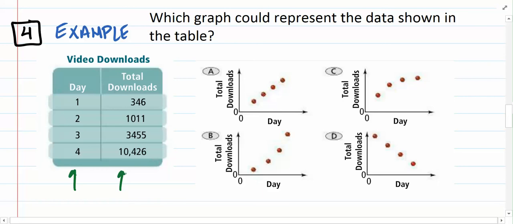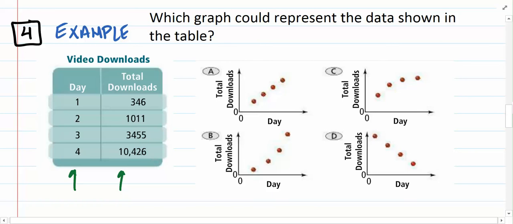Notice that each graph has days on the x-axis and total downloads on the y-axis. So what do we notice here, right? At day 1 I have 346 downloads. At day 2 I have 1011. That's quite a bit more than 346. At day 3 I've got 3455, and then I have a big spike at day 4 at 10,000.